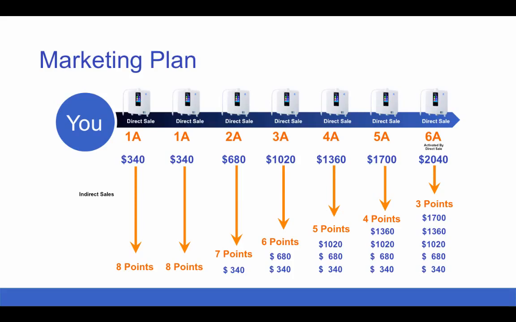So here as a 5A, you're already making 6A money. Isn't that phenomenal? So 5A, you're at $1,700, and then when you get to 100 group sales, on your 101st, you open up your 6A leg, and remember that has to be a direct sale to open up that next line. And as a 6A, when you sell a Kangen 8, you make $2,040. Unbelievable. So there you have it.